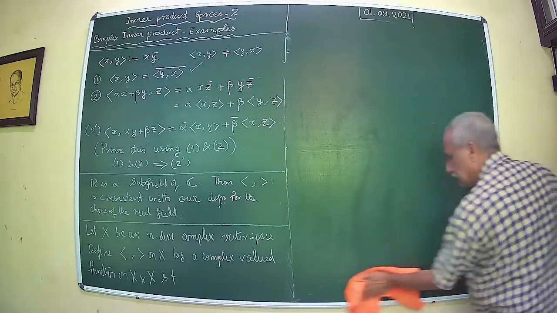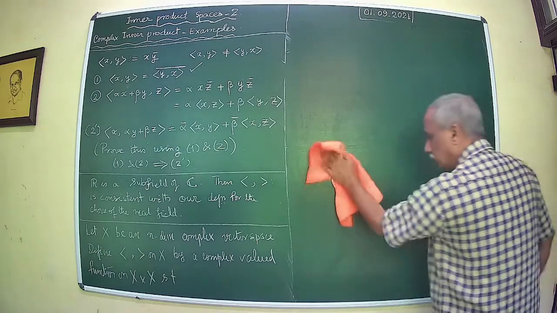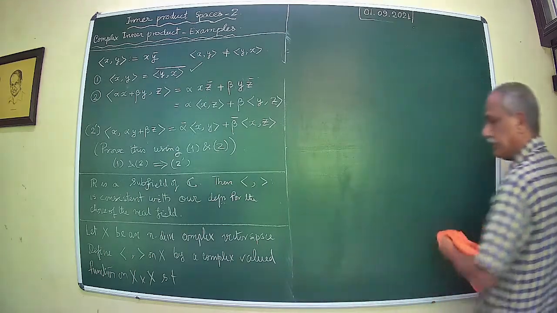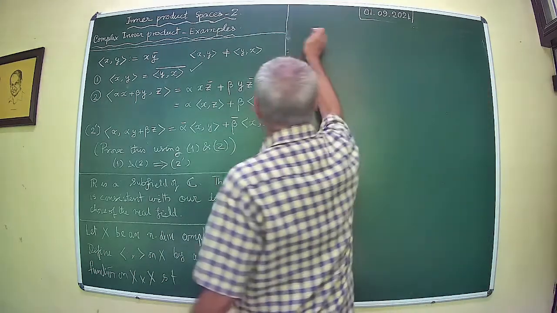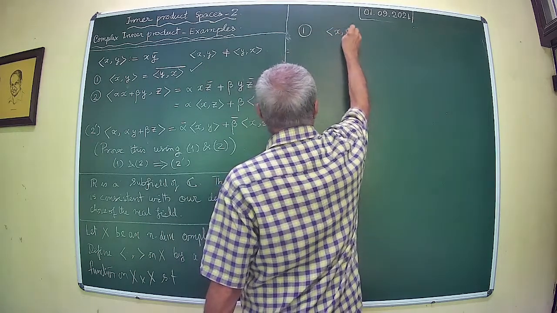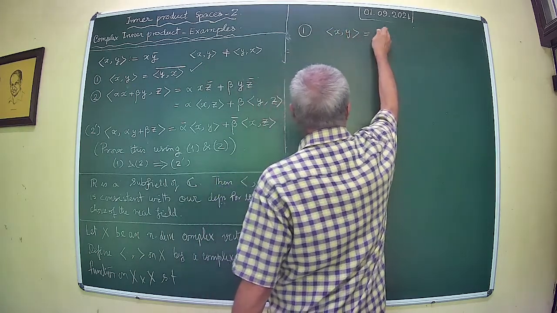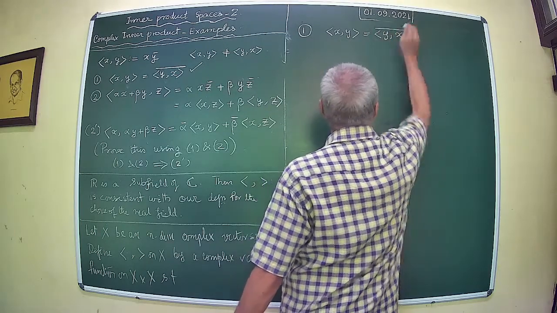And then it is consequently conjugate linear with respect to the second variable. So the first property is conjugate.